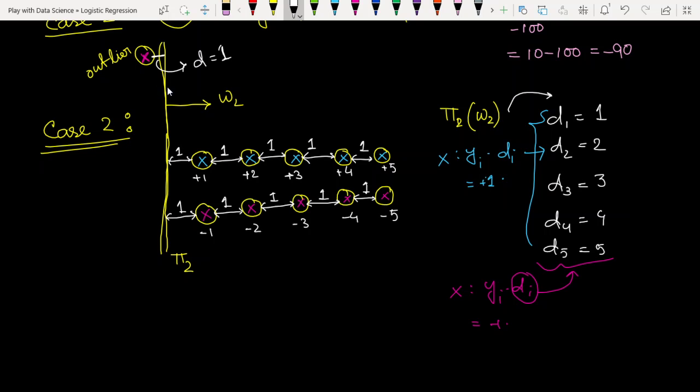Then what is the value of this point? The value will be yi into di. yi is -1, and it is on the different side of the plane, so this point is also -1. Okay, what is the final value is 1.